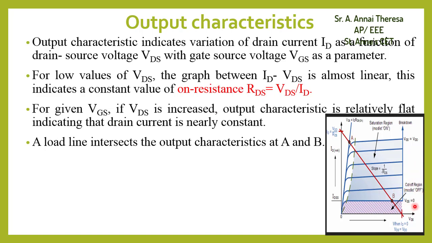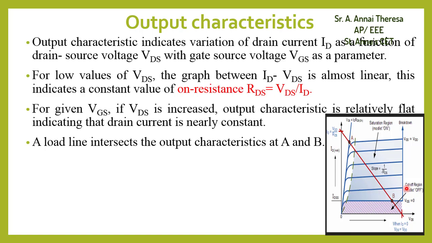For example, first take VGS equal to 0 volt. If we keep increasing VDS, the drain source voltage, what happens to the ID current? There is no change in the ID current, so the characteristics curve is almost flat.